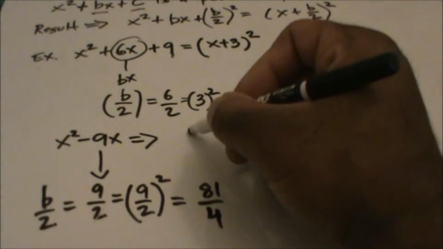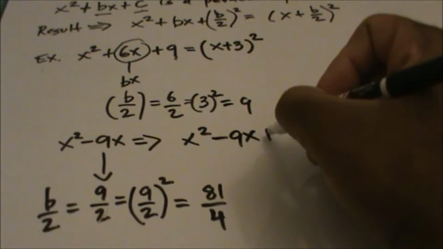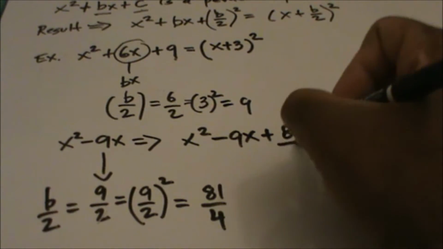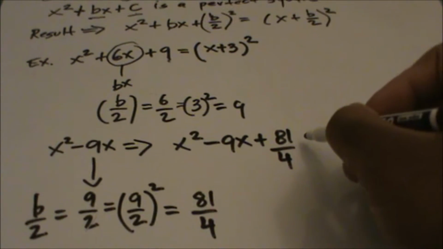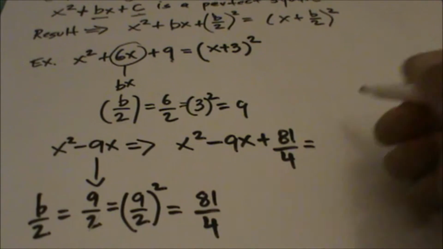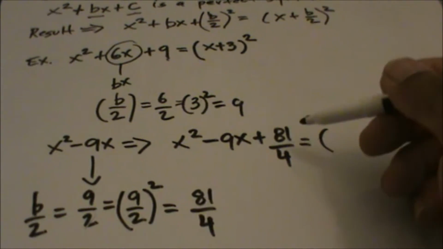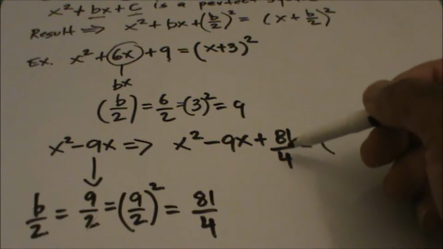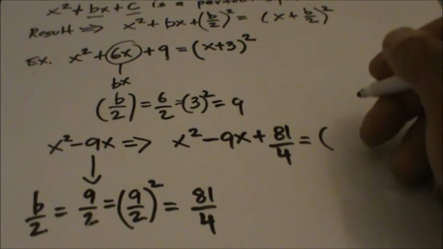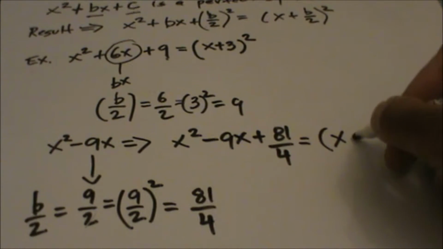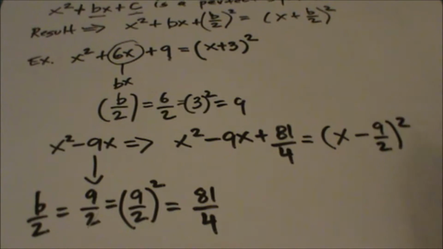So this would be x squared minus 9x plus 81 over 4. And then when we find the binomial form, the factor form, what two numbers will give you 81 over 4, and the same two numbers added will give you the middle term. And this will be x minus 9 over 2 squared.